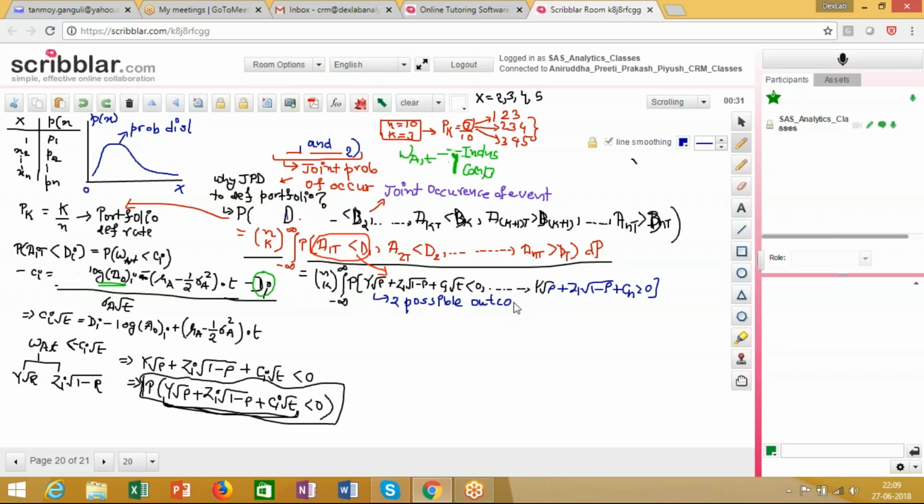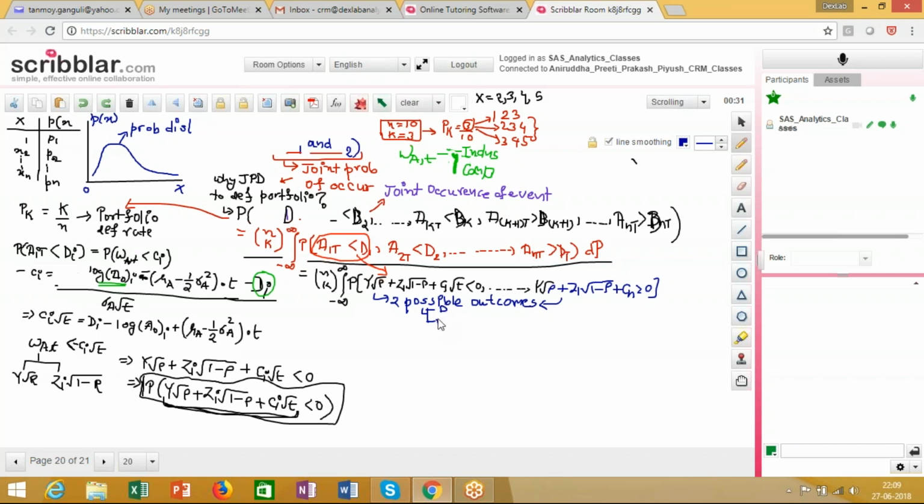In this expression that we are looking into, this portfolio loss distribution, what are the two possible outcomes? The two possible outcomes over here are either they will default or not default, right?